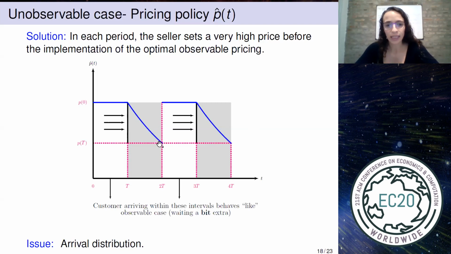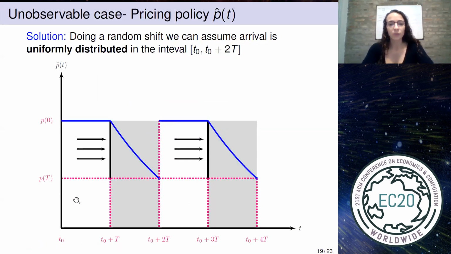By doing that, basically what we obtain is that the arrival distribution now is uniform, and then half of the time the buyer will arrive within these intervals where the price is high, and half of the time will arrive within the intervals where the price is equal to the optimal solution in the observable case.